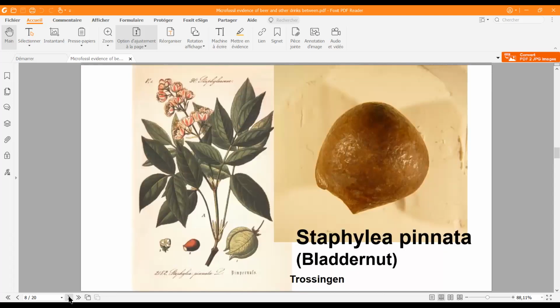Next, please. And there were some very special botanical finds in these graves. One is, I don't know the English name, the German is Pimpernuss. The French I do not know, I didn't find it on the internet. It's a tree with pinnate leaves, and it has very big roots to see on the bottom right with the plant.